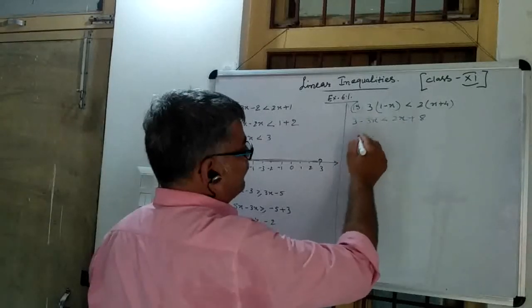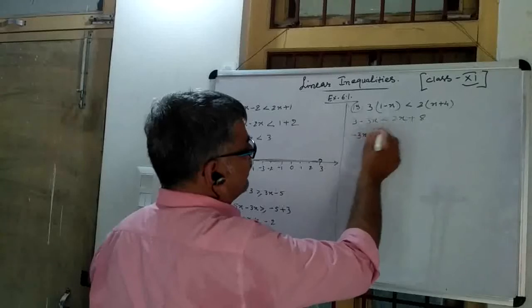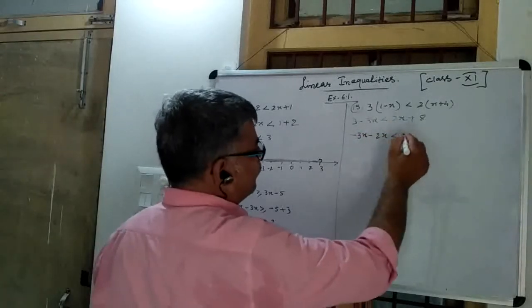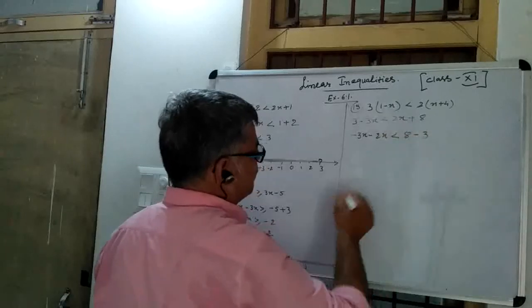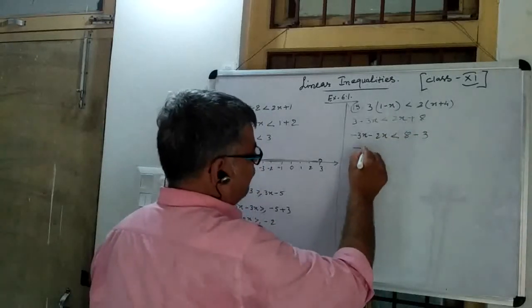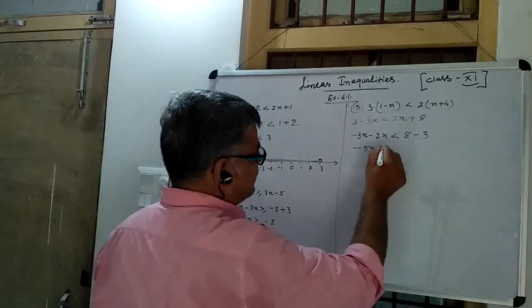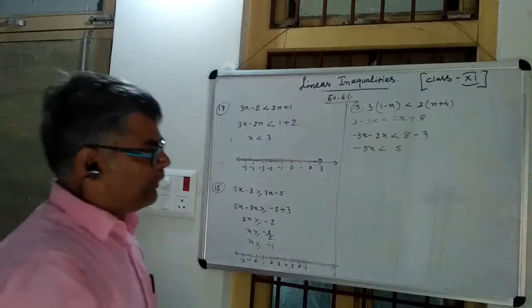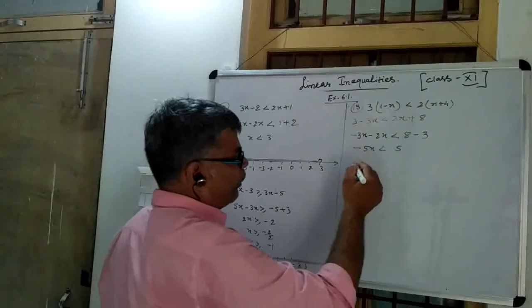Now minus 3x minus 2x is less than or equal to 8 minus 3. So this will become minus 5x is less than or equal to 5. Now divide by minus 5.